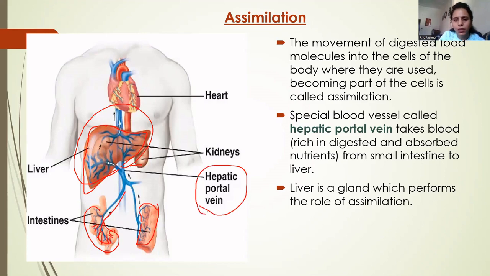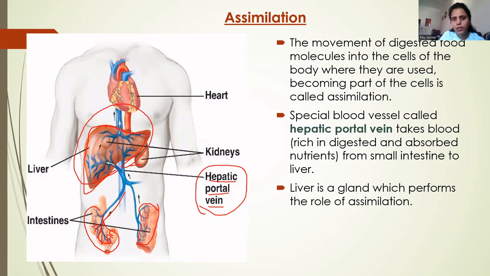Remember the name carefully. This is a special blood vessel known as the hepatic portal vein, and it carries the blood which is rich in nutrients from the small intestine to the liver.